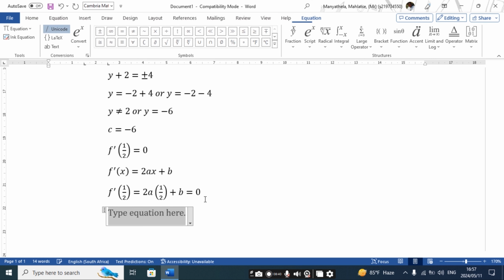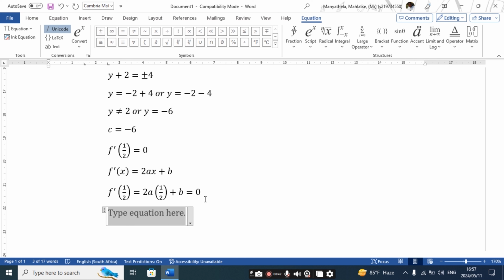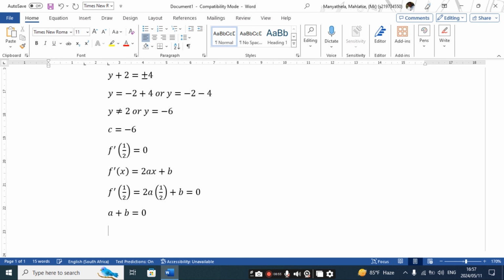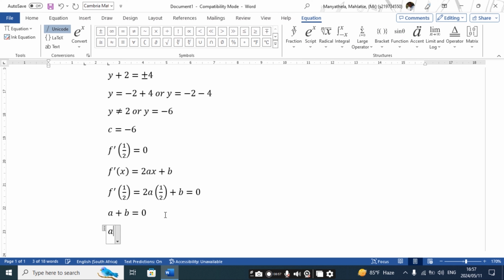So we are going to have a plus b equal to 0. Then we can take either a or b across. So if we take b across, we are going to have a equal to minus b.